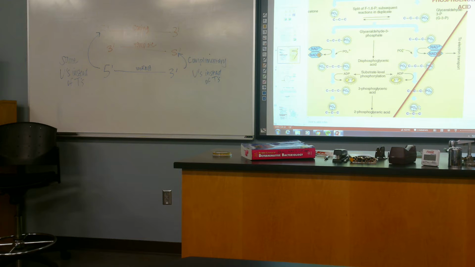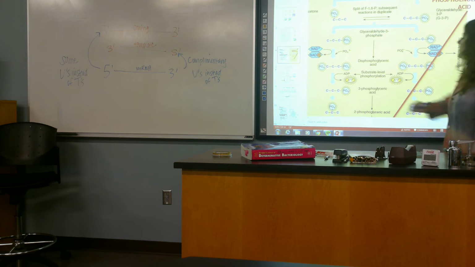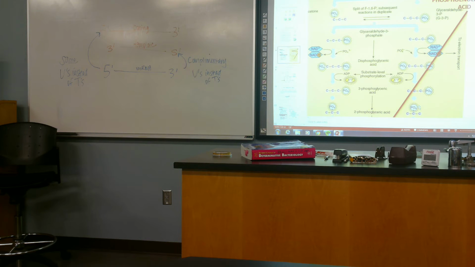And it's a substrate because it's basically going to be converted into a product. Those are pretty generic terms, substrate, product. So here's our substrate, and it's going to be converted into a product, which is called 3-phosphoglyceric acid.